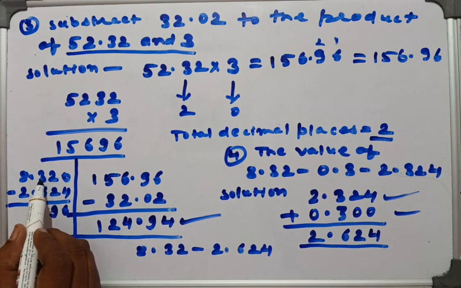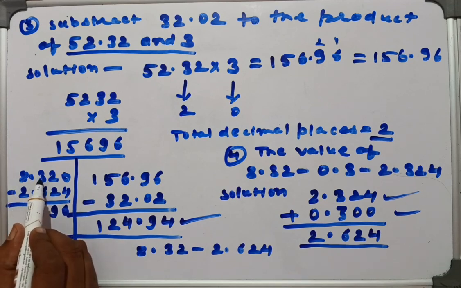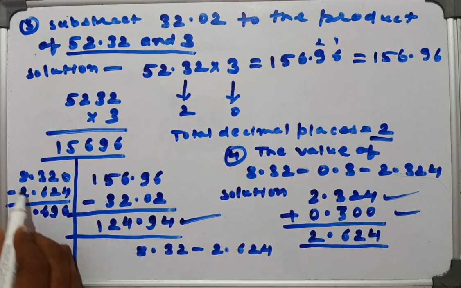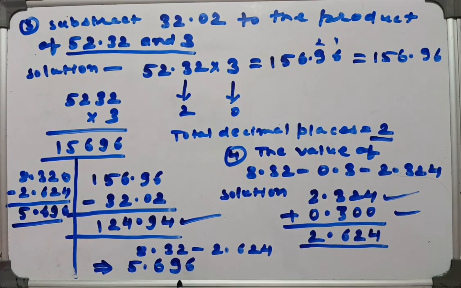Now this becomes 2. 2 is less than 6, so it takes a carry and becomes 12. 12 minus 6 equals 6. 8 now becomes 7, so this becomes 5. So the solution of this question is 5.696. This is the answer.